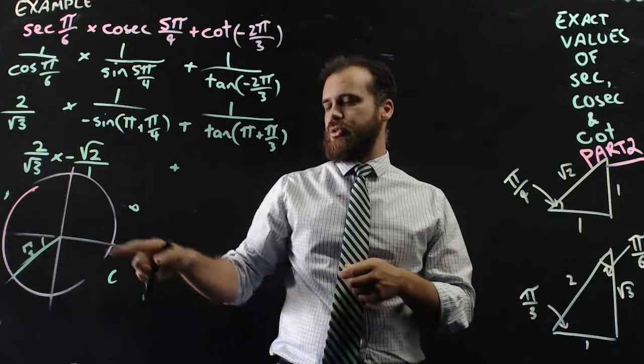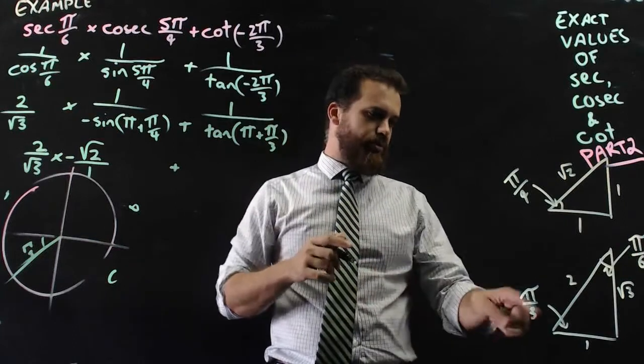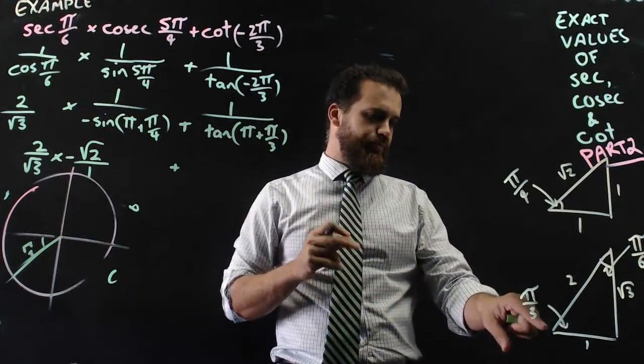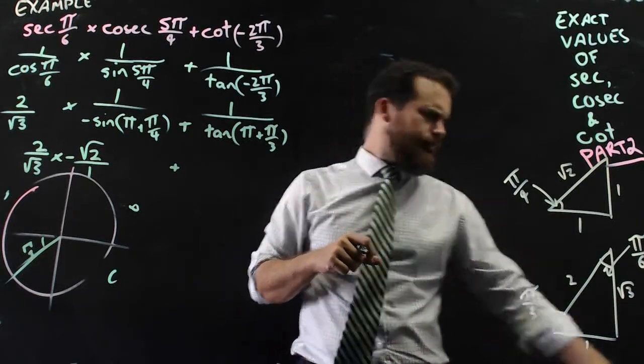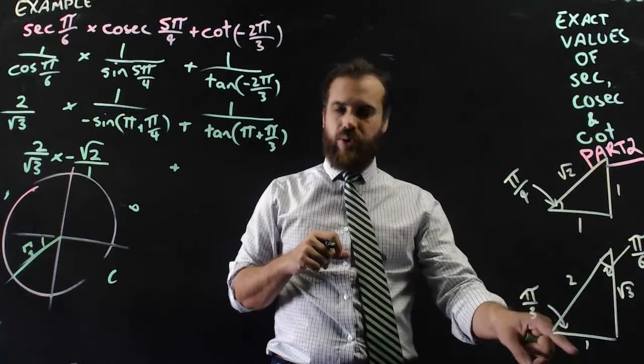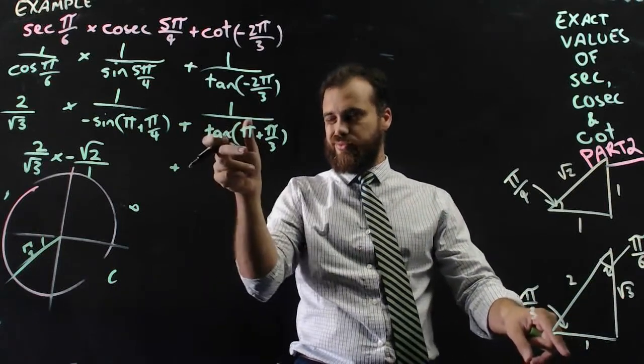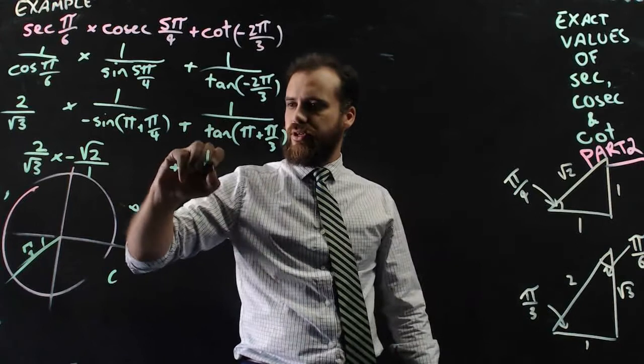It's in the T quadrant, so it's positive. And tan pi on 3 is opposite over adjacent. It's root 3 on 1, but reciprocal, so 1 on root 3.